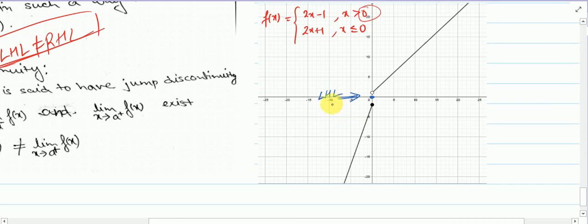Whatever value you are taking will be less than 0, so for less than 0 we have to define by this. So your left hand limit will come 1. And when you are approaching from the right hand side, your input will be more than 0, so that will be governed by this one. In that case your right hand limit will be equal to -1.